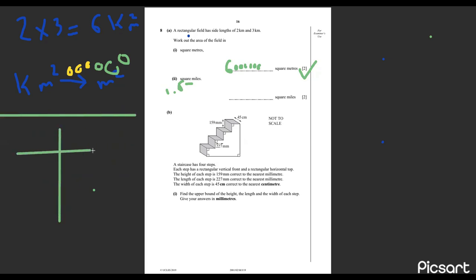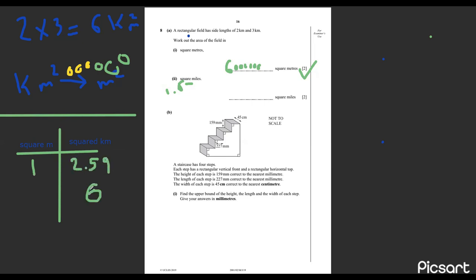Remember, 1 square mile equals 2.59 squared kilometers, so we have to know it. So 1 square mile equals 2.59.